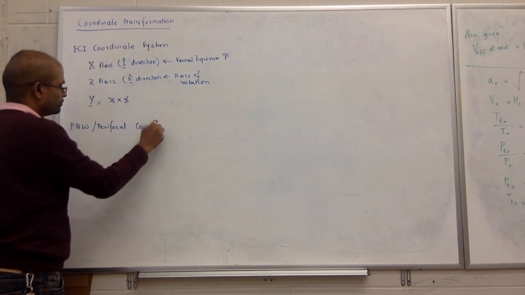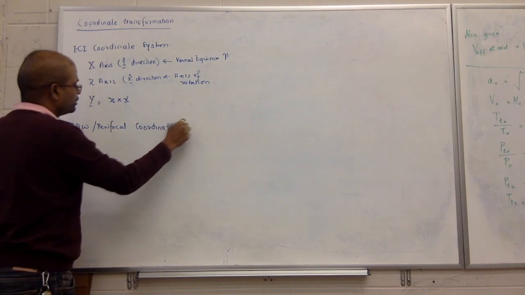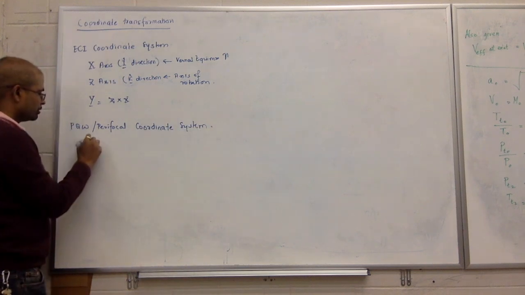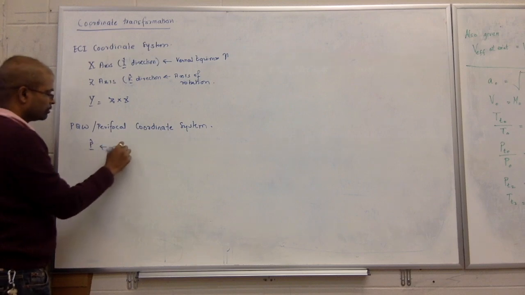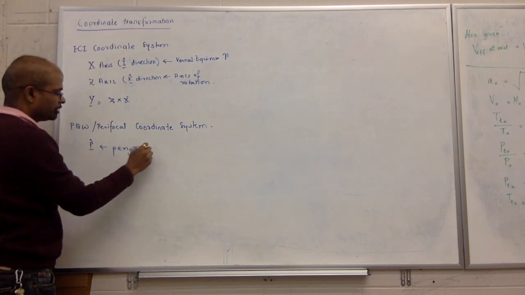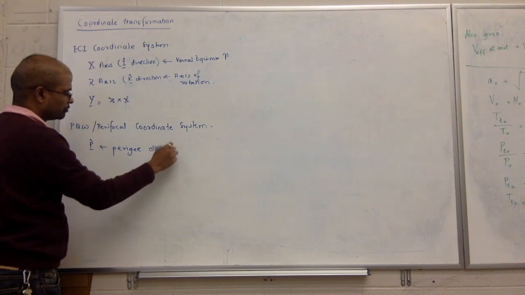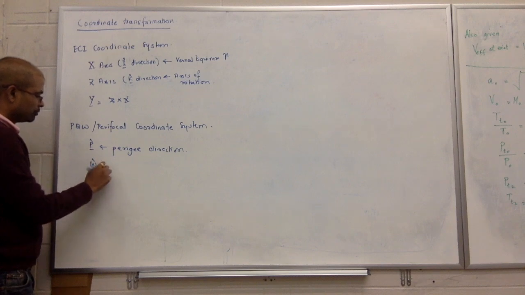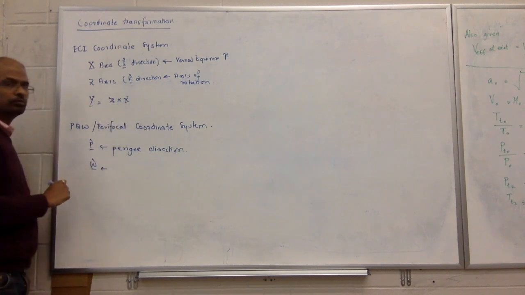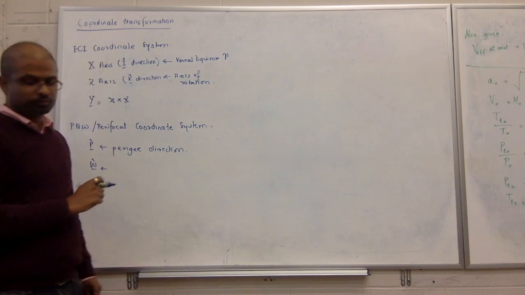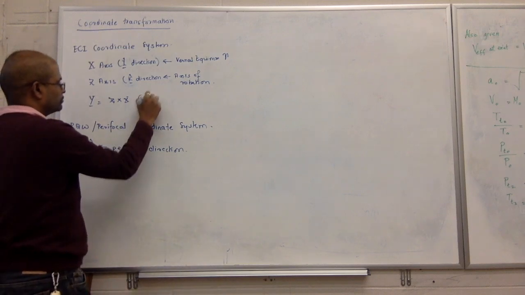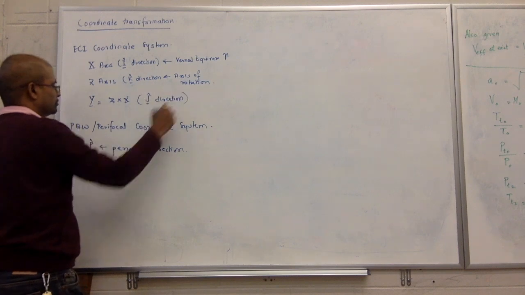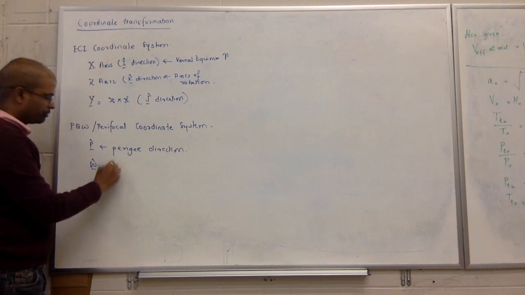Here, the P direction is the perigee direction, and W is the H direction.